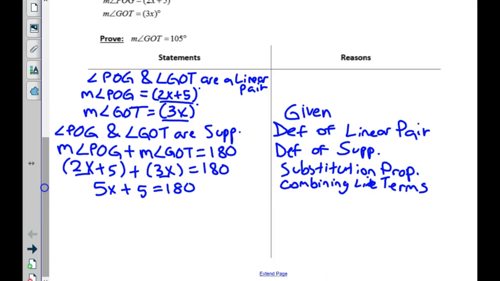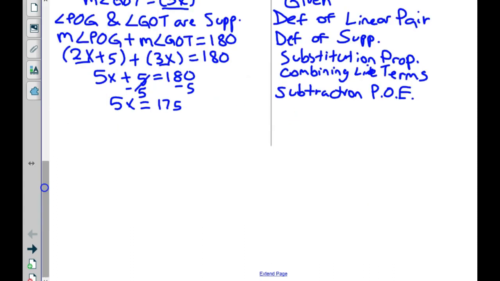We get rid of the 5 by subtraction. So that would be subtraction property of equality. And then we get rid of that 5 by division.